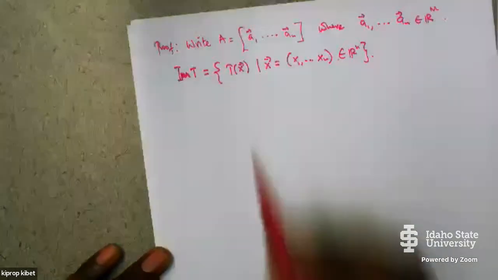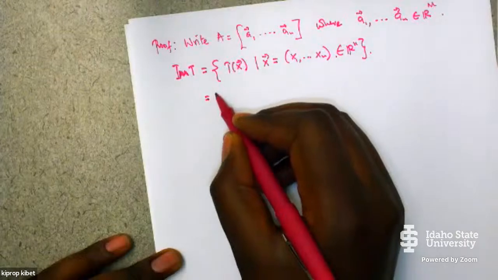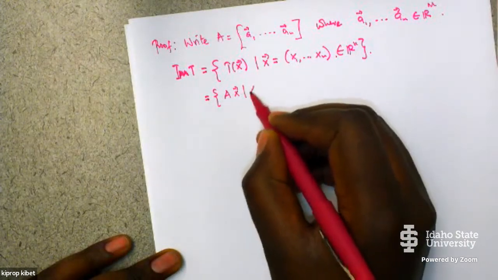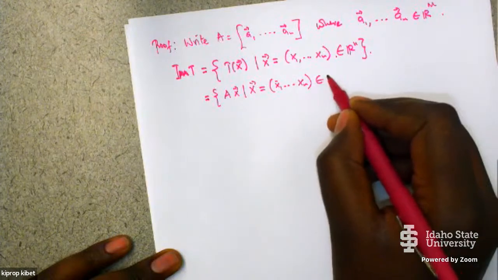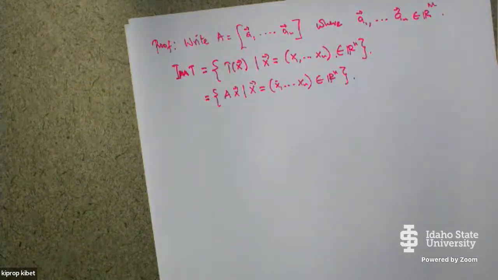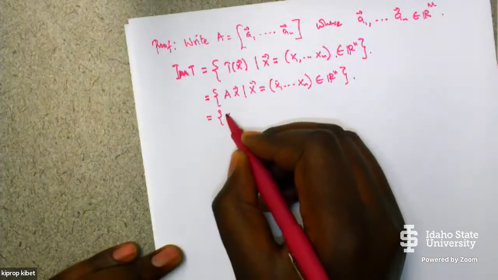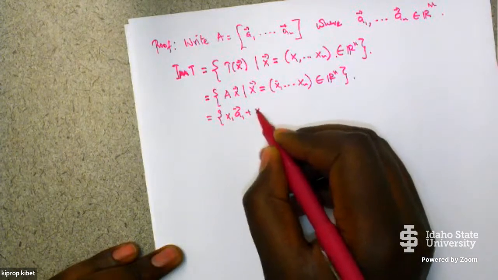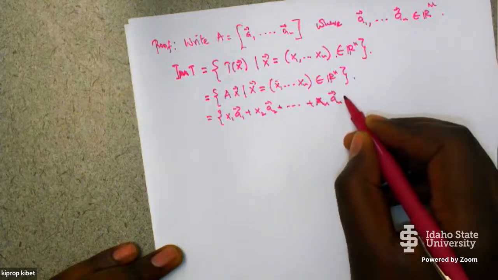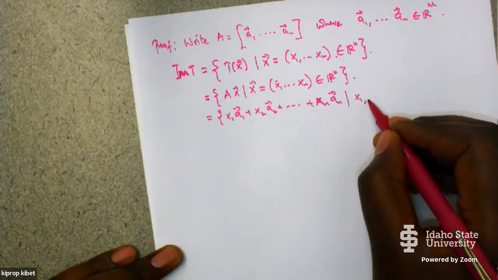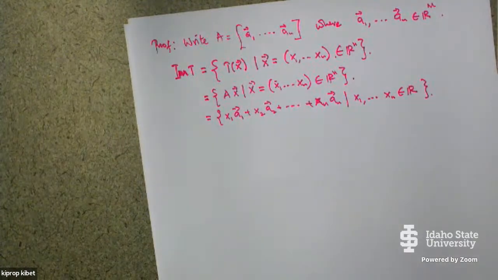Then, since the transformation of x is the same as Ax, this is equal to the linear combination x1 A1 plus x2 A2 plus up to xn An, where x1 all the way to xn are elements of the real numbers.